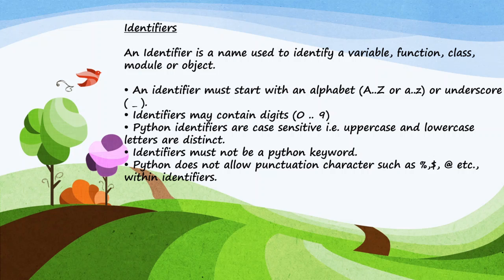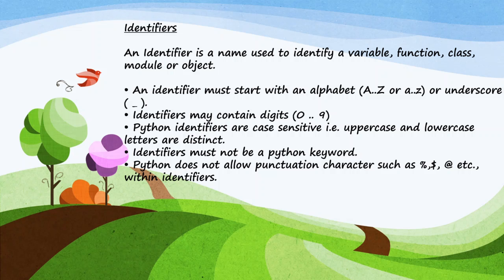Python does not allow punctuation characters such as percentage, dollar, at, etc. within identifiers. No special characters are allowed in identifiers. So these are the rules that we have to follow while creating an identifier.